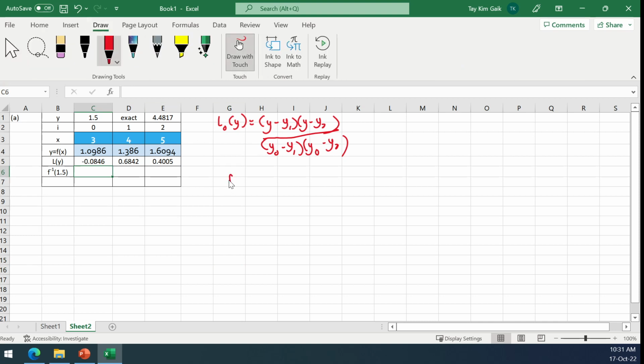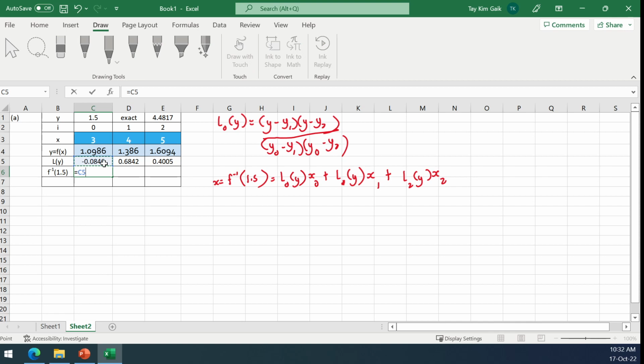That means your f inverse of 1.5, or your x, is actually L naught of y multiplied, be careful, by x naught, plus L1 of y times x1, plus L2, which is a function of y, multiplied by x2.